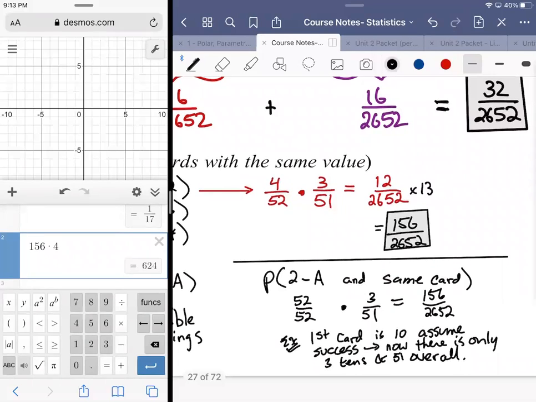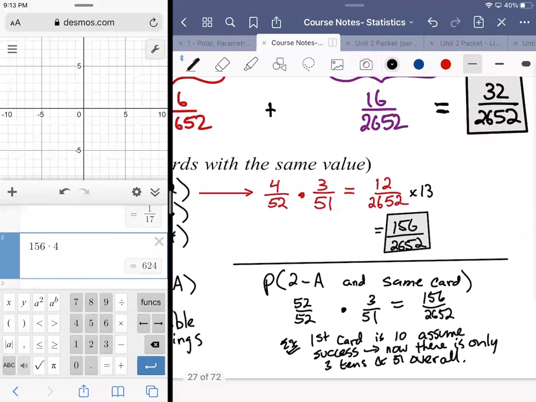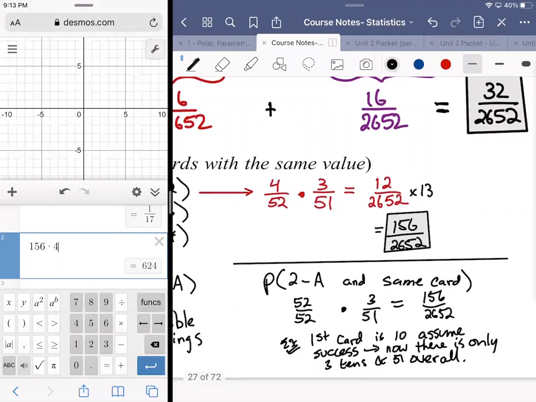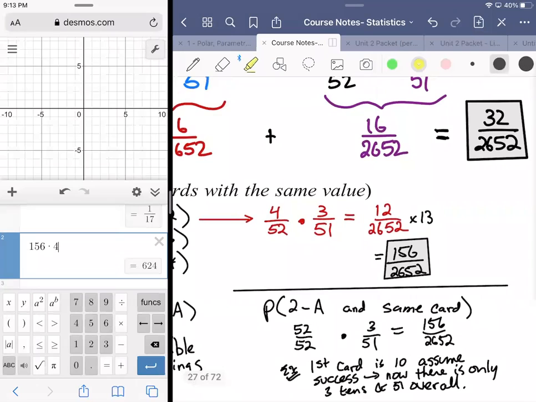Exactamundo. So all fours amount to the same. So you just multiply the 156 over 2652 by 4. I'm sorry. For this one, you wouldn't have to multiply it by 4. Because the 4 cards have already been accounted for in the process. So we don't have to worry about that part of it, because the fact that 4 possible cards could have been selected was already accounted for.